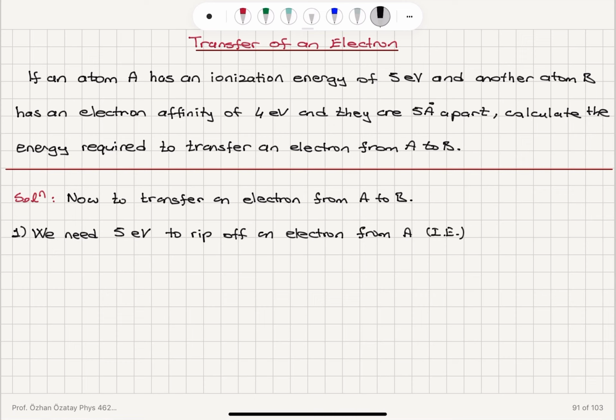At this point, we're assuming that atoms A and B are at infinite distance. We just need to supply this energy to isolated atom A in order to extract an electron from it. And now, when the atom B accepts an electron, 4 electron volts will be released.